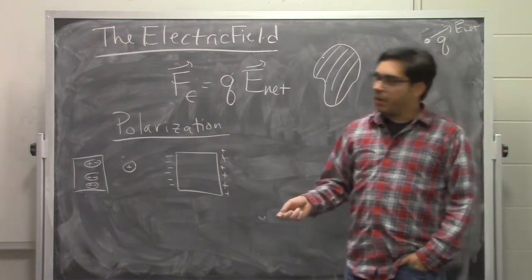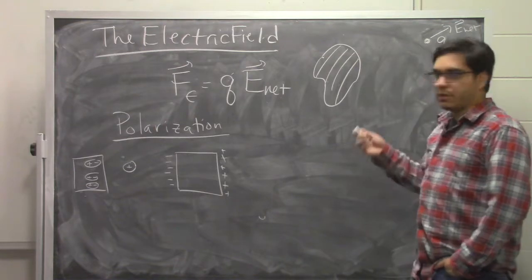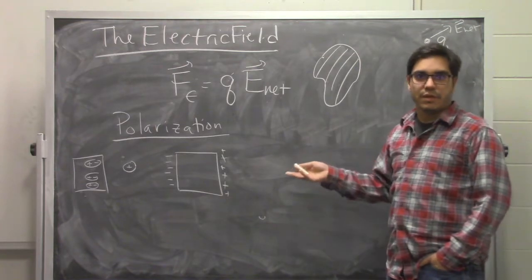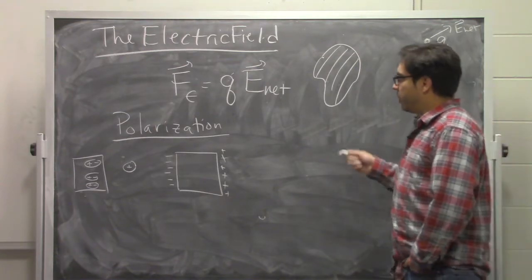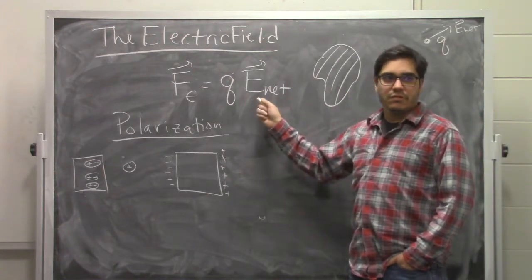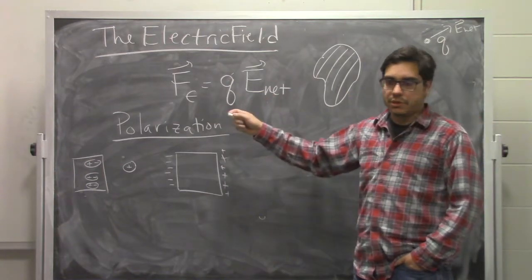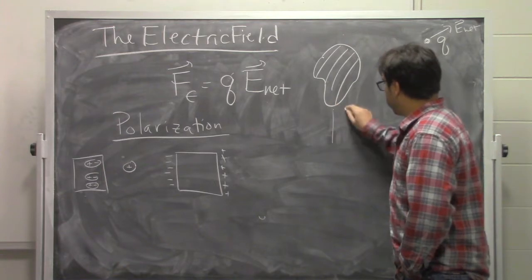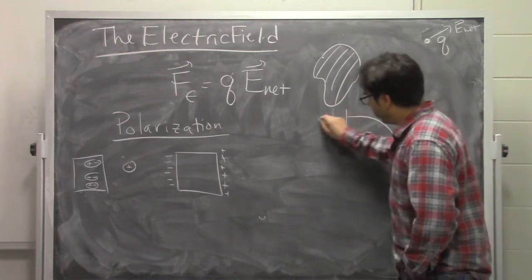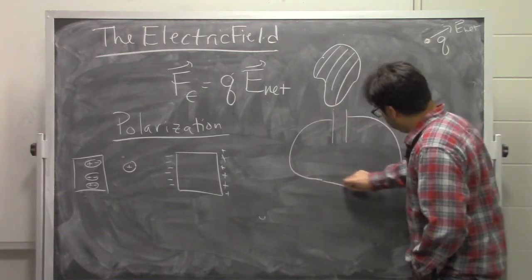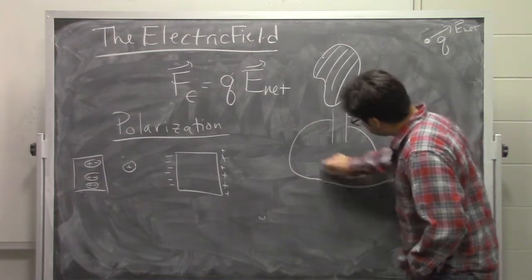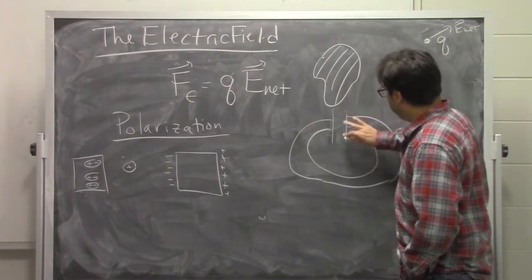Now the last thing we'll talk about in terms of the electric field is how it affects situations where we have circuits. So if a charge experiences an electric field, it is going to feel a push. And so in our discussion of circuits, which we will draw sort of like this, these big thick wires, and here's a battery.